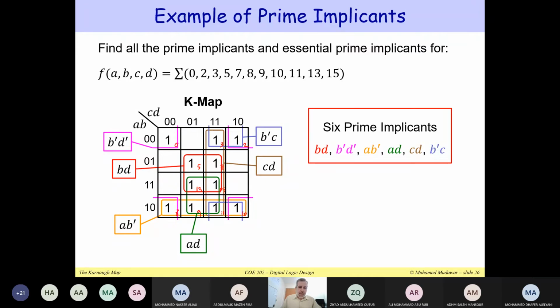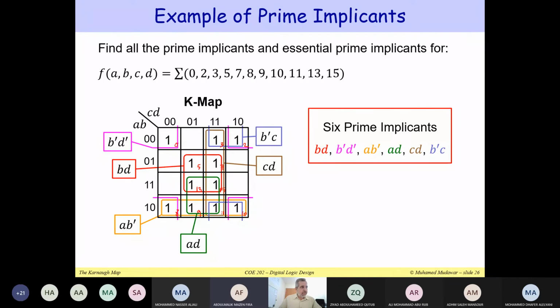Now, can you tell me which ones are essential prime implicants? We have 6 prime implicants, but which ones are essential, and what makes it essential? What does it mean for a prime implicant to be essential?